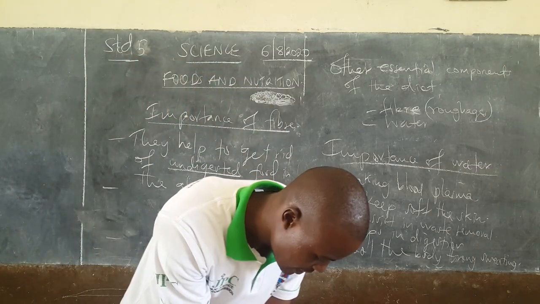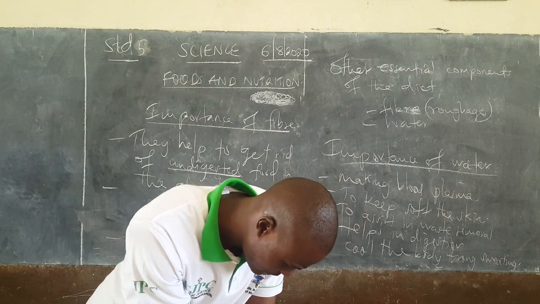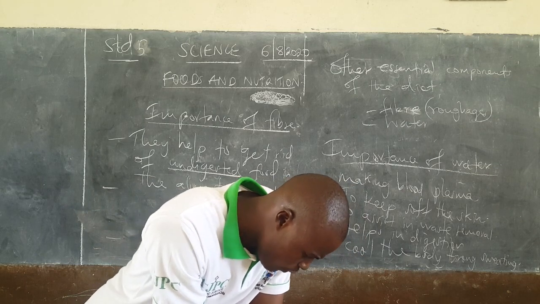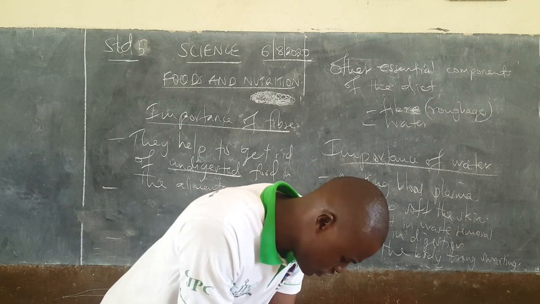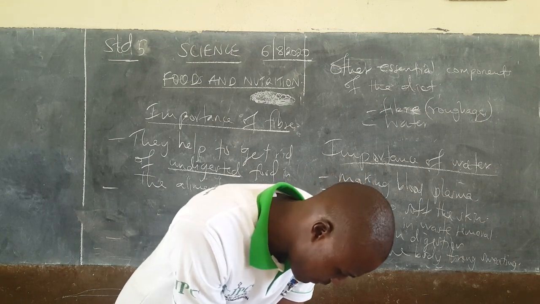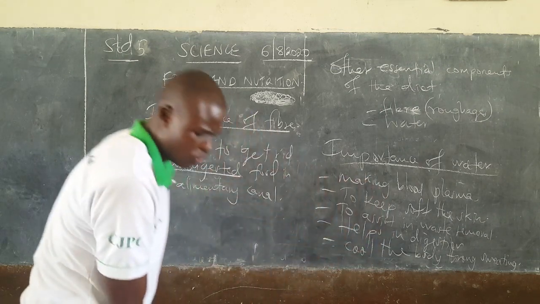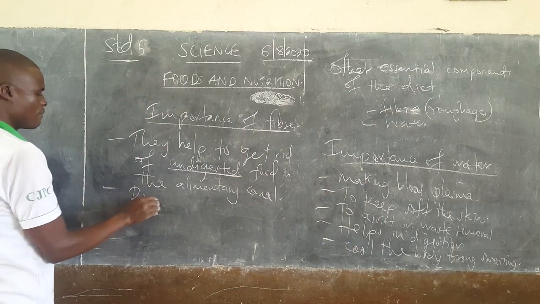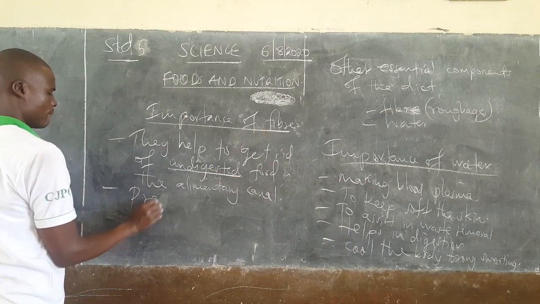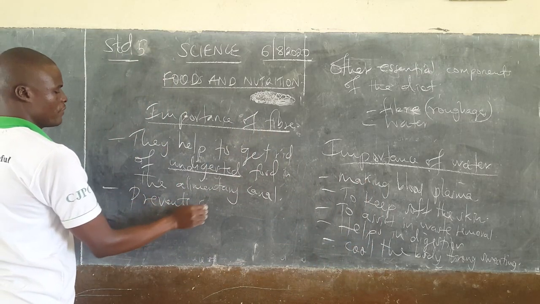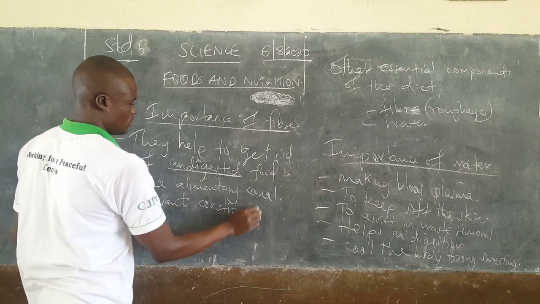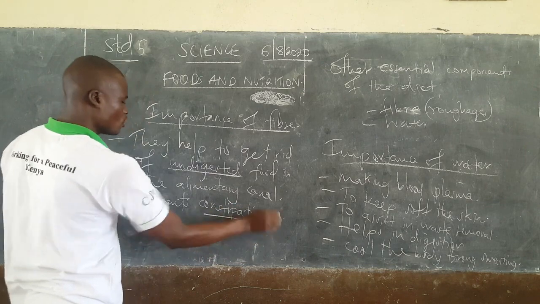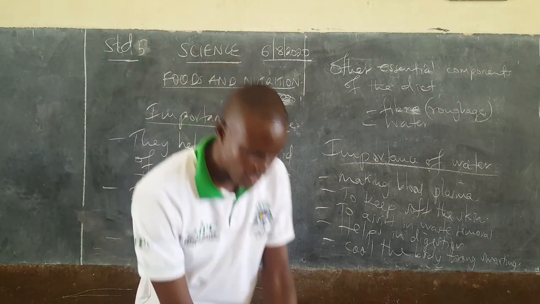We mentioned that. And again, when one is not able to empty the bowels, the condition is called constipation. So fiber prevents constipation. We need to know what constipation is.